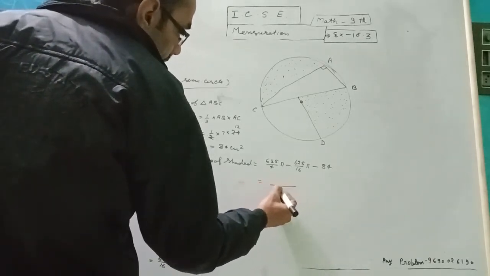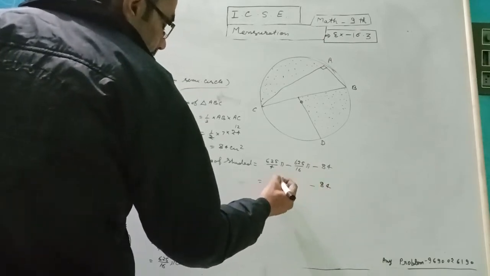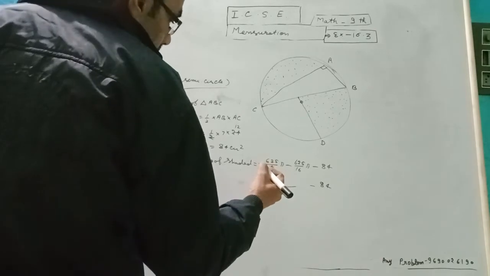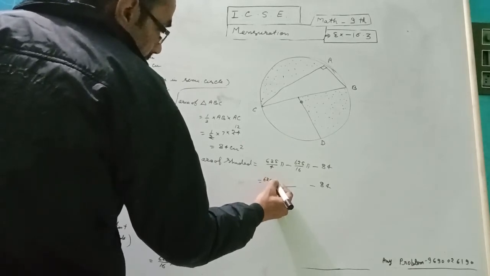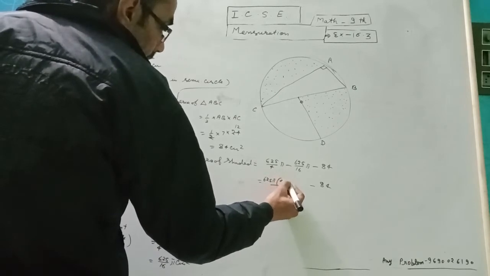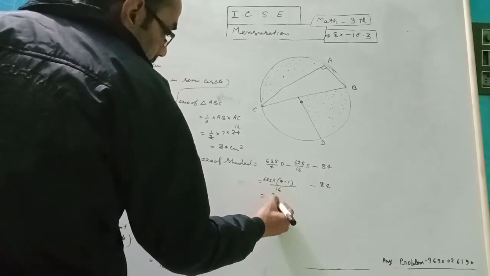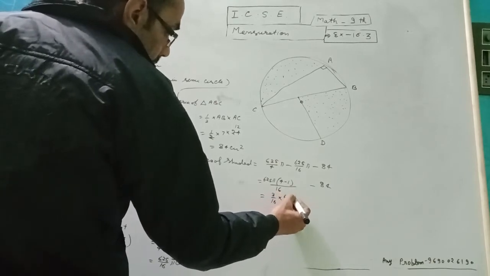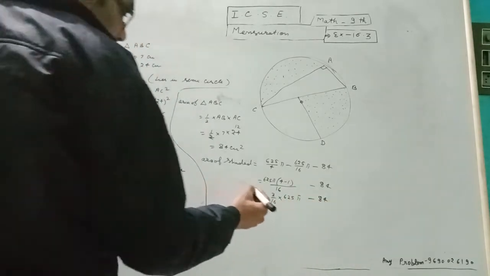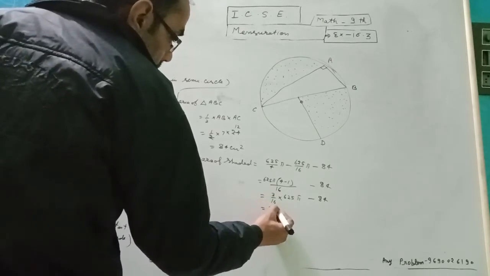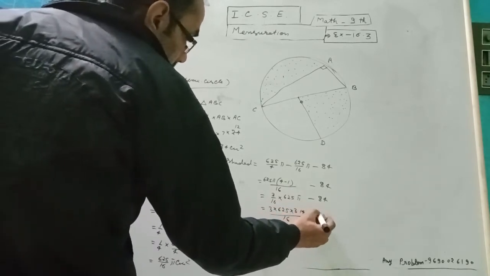After LCM 16, minus 84. 625 pi is common, 4 into 4 minus 1 upon 16, 3 upon 16 into 625 pi minus 84. 3 into 625 into 3.14 upon 16 minus 84.